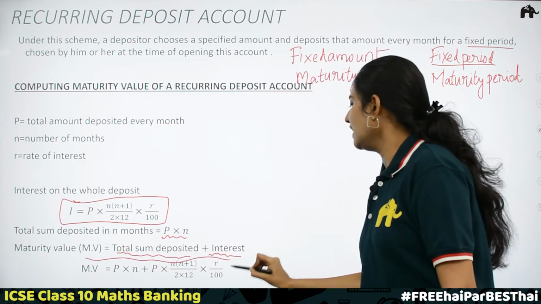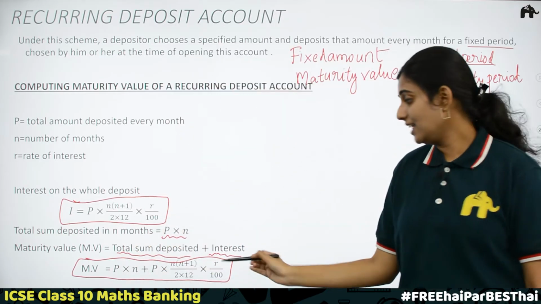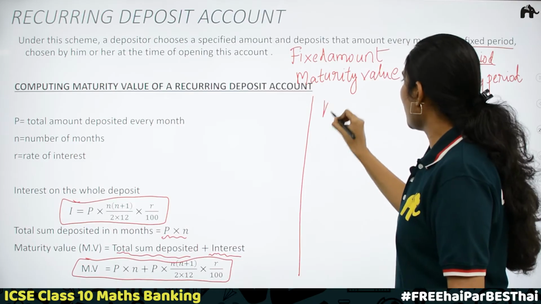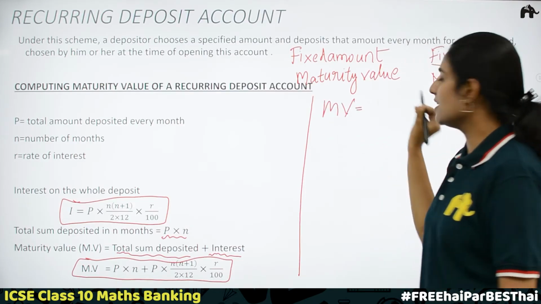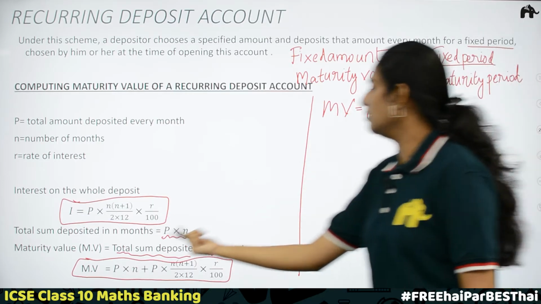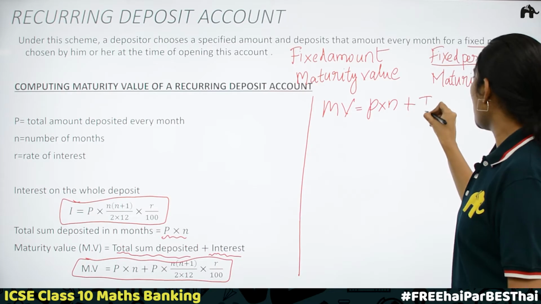Do you find any difficulty in memorizing the second formula? In that case, you can find the maturity value using a simpler formula, that is P into N, which is the total sum deposited, plus I.